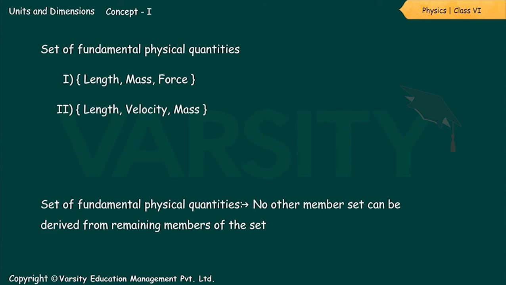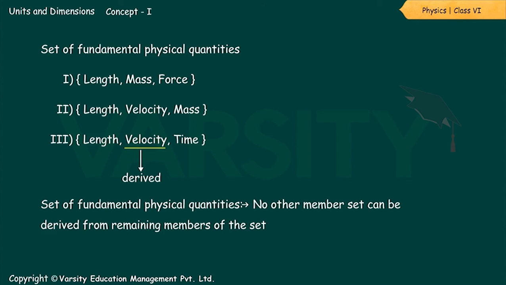Let me give an example of a set which is not a set of fundamental physical quantities. Length, velocity, time. Look at this. Length and time are fundamental physical quantities. Velocity is derived physical quantity.